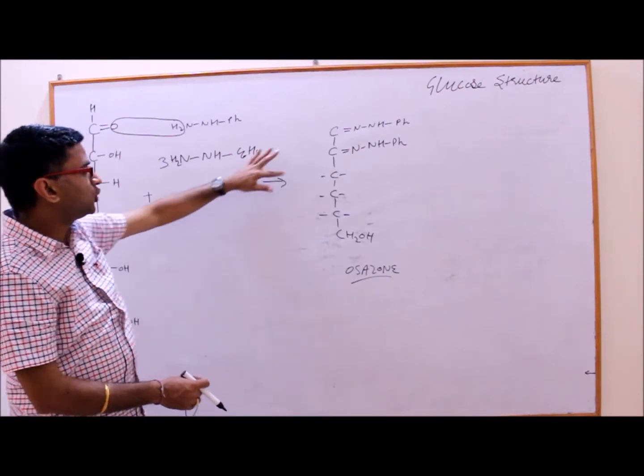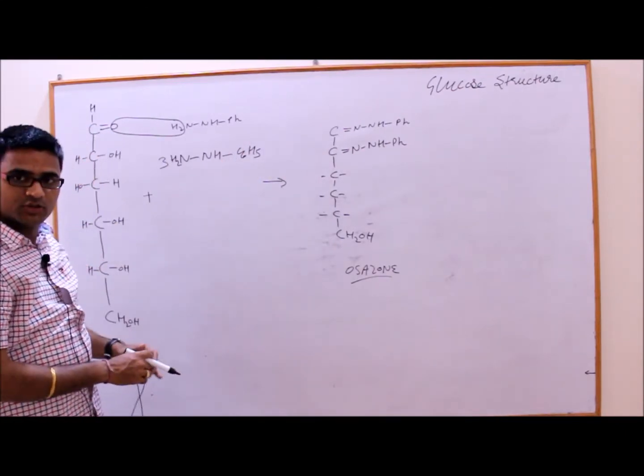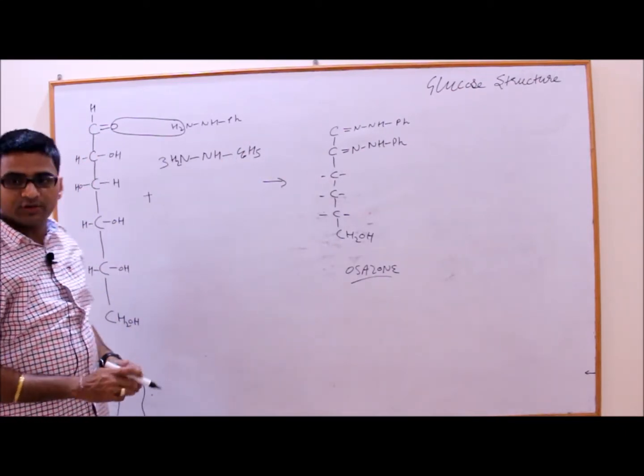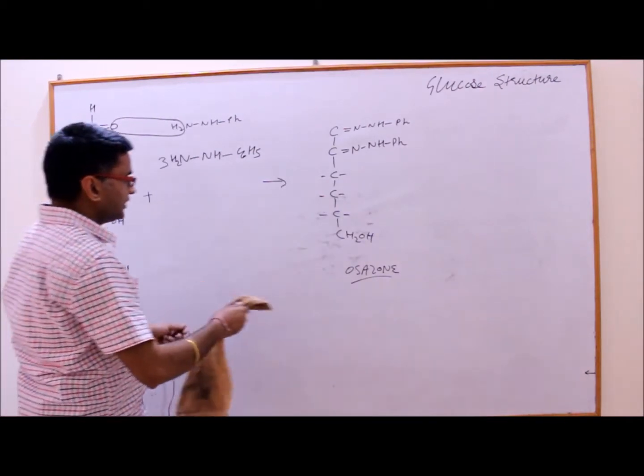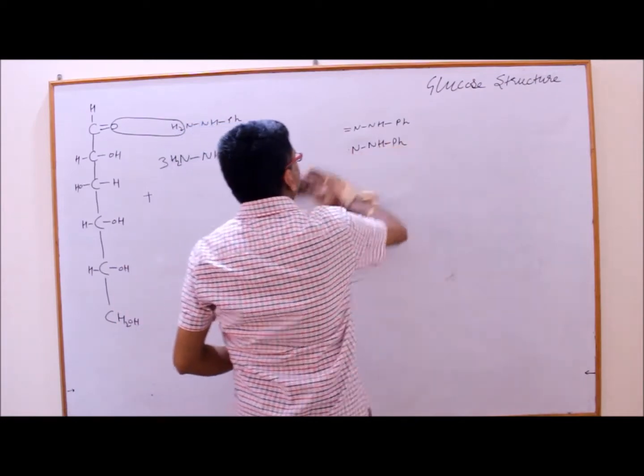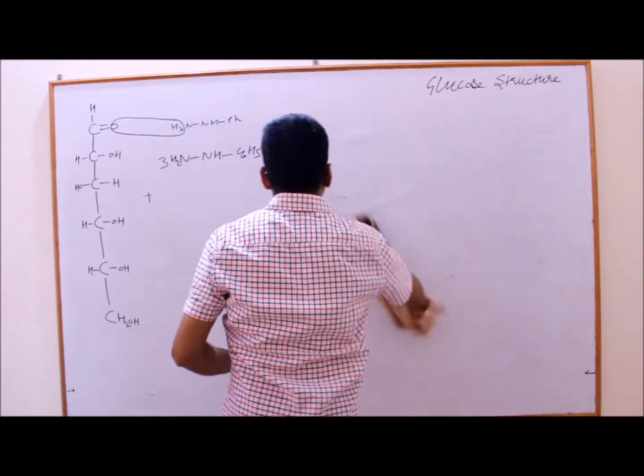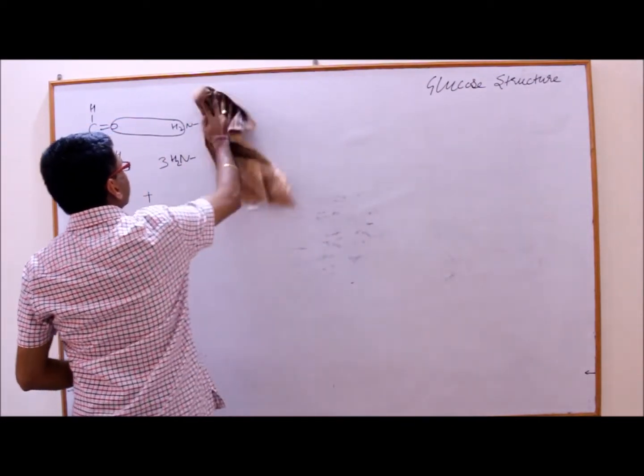So that's why 2 are added but 3 are consumed. So this is also a very important reaction of the glucose molecule. Okay, after that we will see further about the glucose molecule, and let's see what is the next topic in this category.